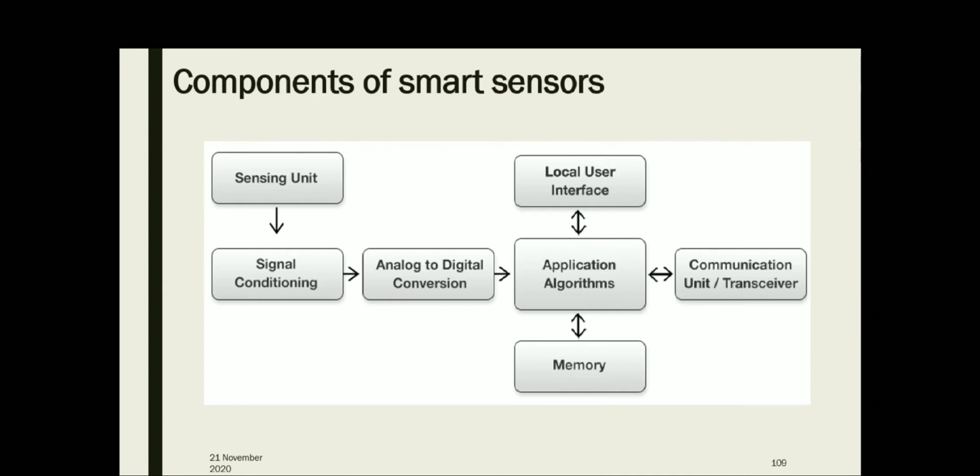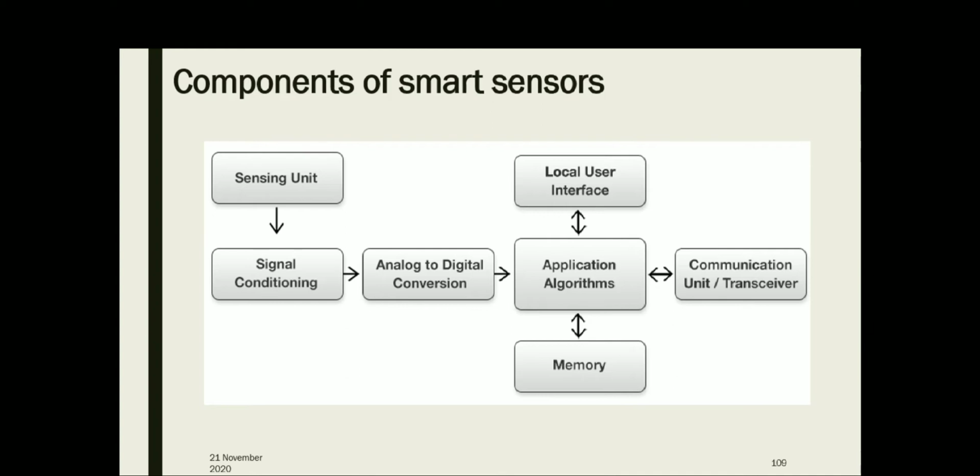We are using an analog to digital conversion, or ADC, which is included in the signal conditioning and digitalization unit. It converts the sensed analog signal to digital. Then these signals are processed and analyzed by an application algorithm. Data is transferred to the local users through the local user interface.